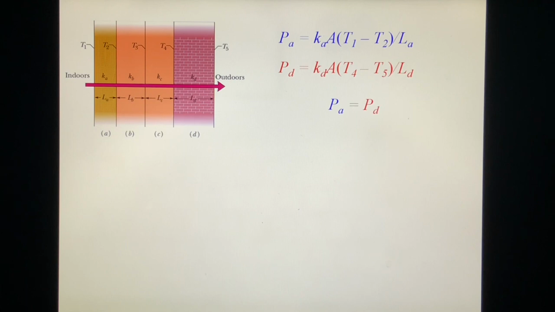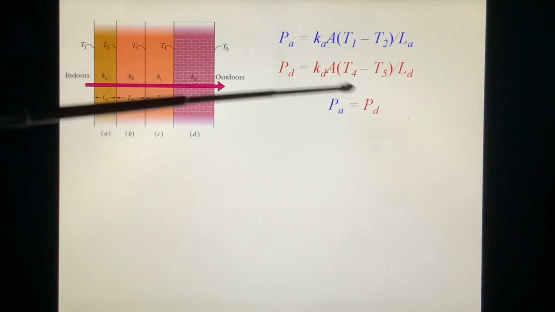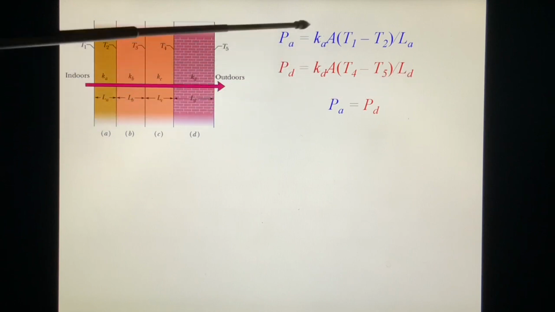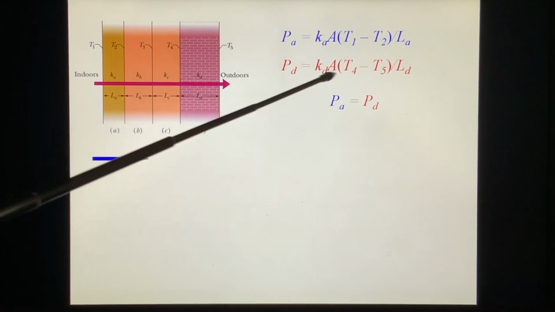We know T1, T2, LA, LD, Kd, Ka, so from these equations we can find T4.